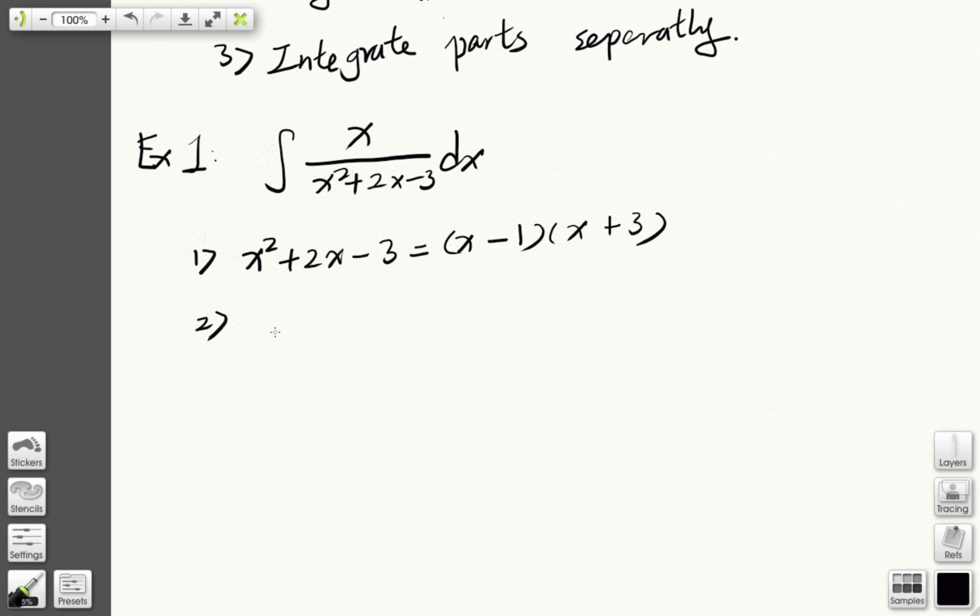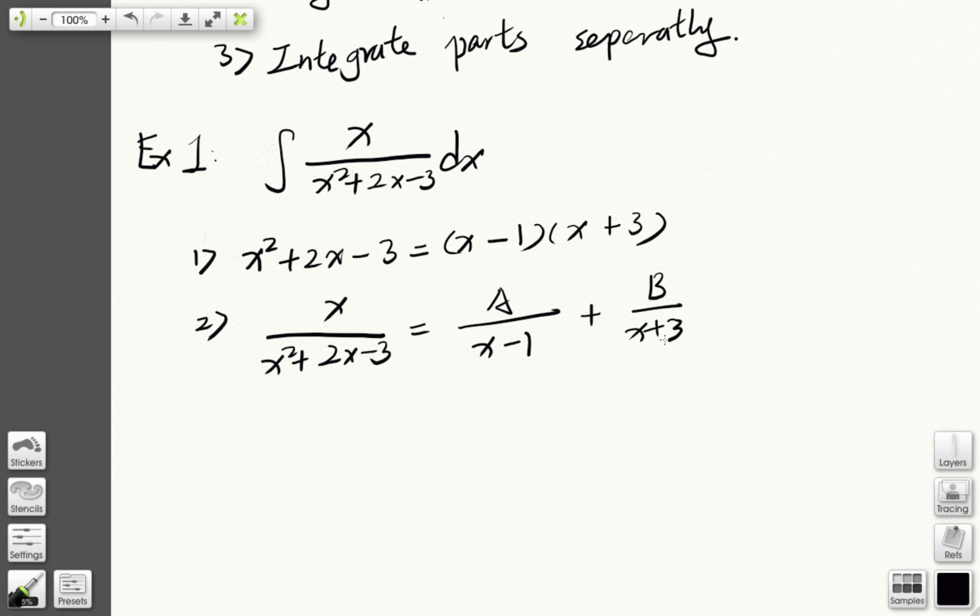So the second step is to break it into 2 parts with 2 variables, a and b. And we simplify the right-hand side by finding the common denominator. So for this term, it's gonna be x minus 1 times x plus 3 on the top and on the bottom at the same time.